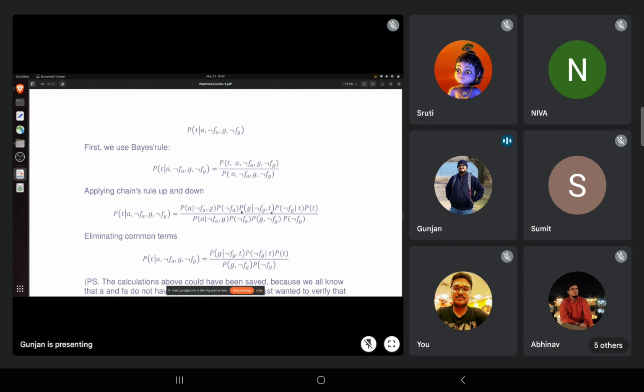G is dependent on not FG and T. Not FG is dependent on T, and temperature is an independent thing. So that is how we segregate the upper distribution. And for the joint distribution on the bottom, we write P of A conditioned on not FA and G. Not FA is an independent variable, and then G is dependent on not FG. So we can just simply write it as G given not FG and P of FG.